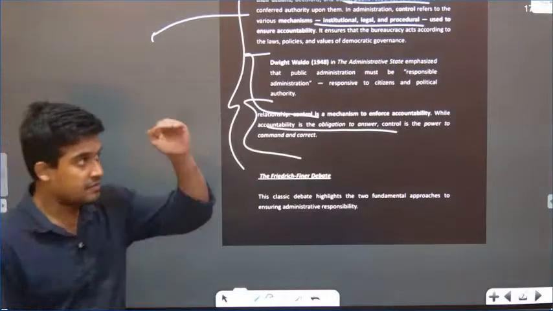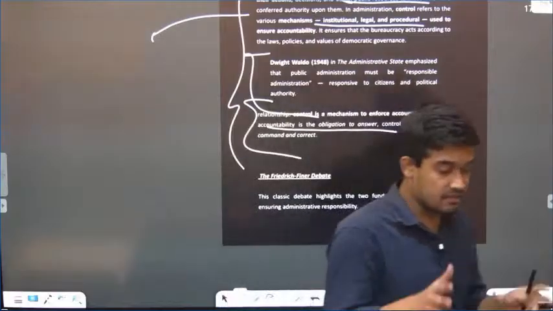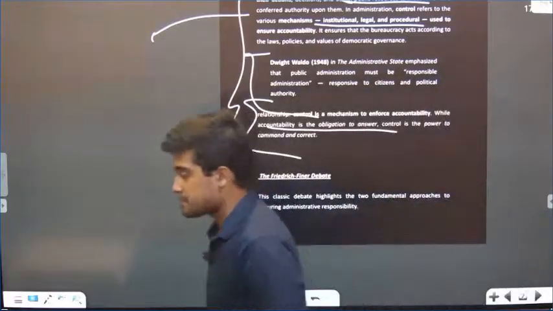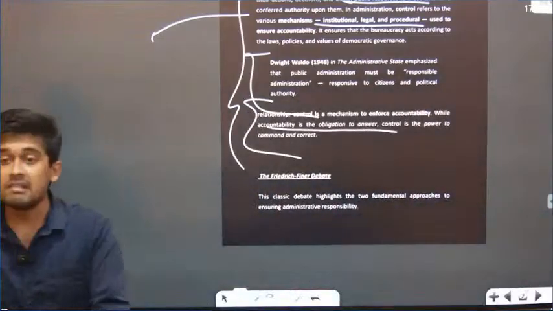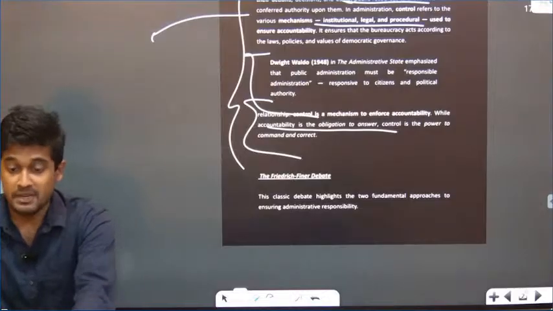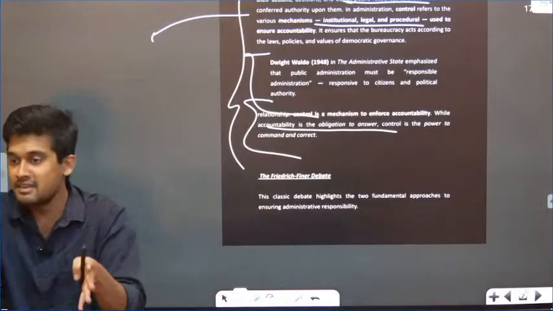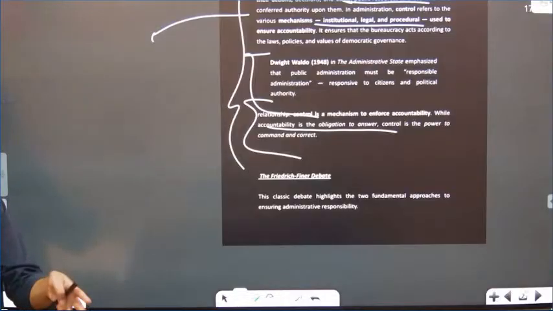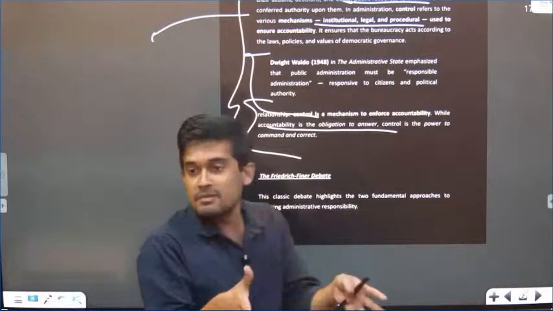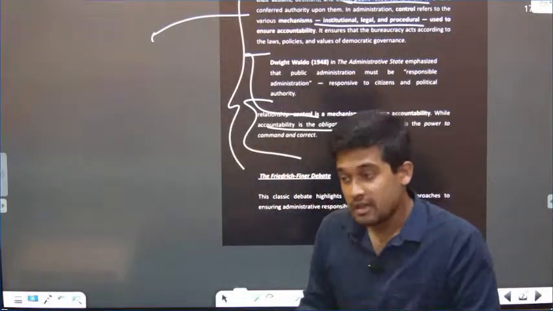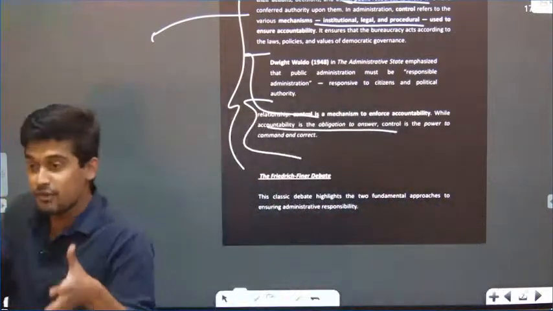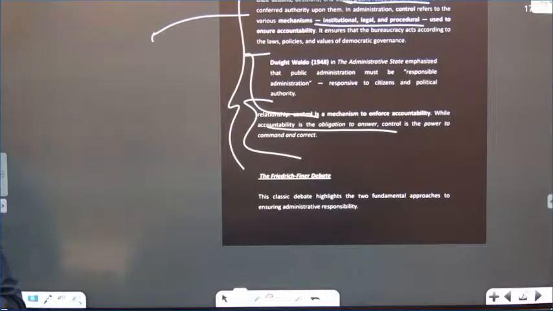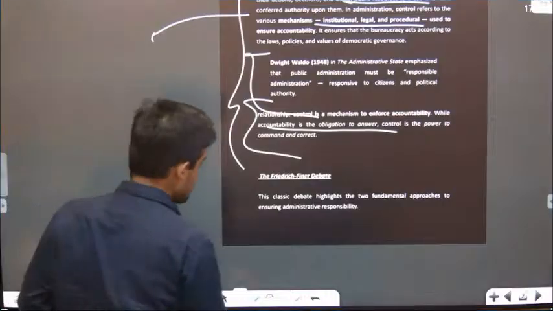So if a senior is sitting and instructing, or when you were kids, your parents must have made you sit and study, that from 7:30 to 8:30 you will study this. That is a mechanism of control. And whatever you study, you are answerable for your studies. That is accountability. Understood?